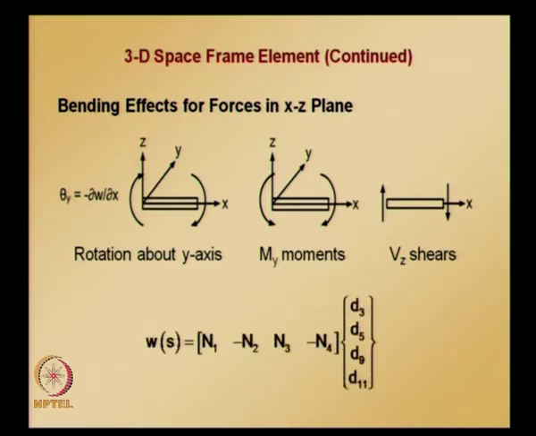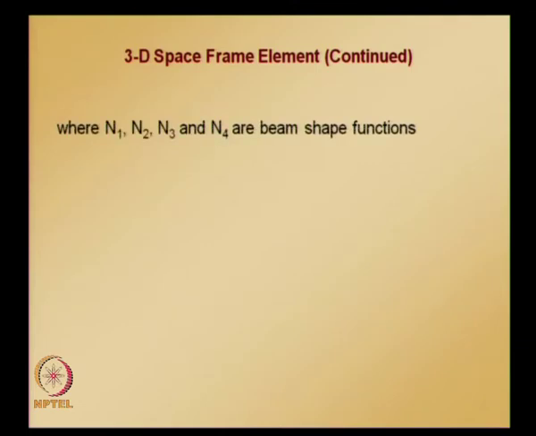So this is how w can be interpolated using finite element shape functions. If you see, the only difference here is that n1 and n4 are appended with a negative sign, where n1, n2, n3, n4 are the same as what you have already seen when we solved the beam bending shape functions.